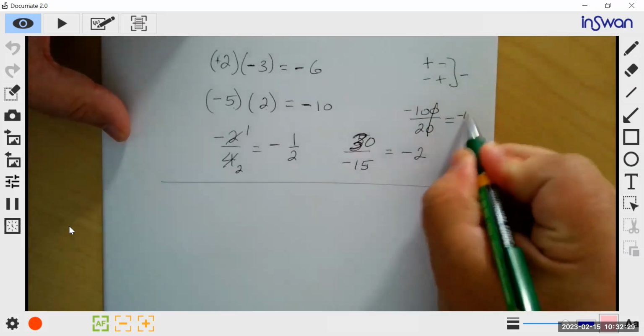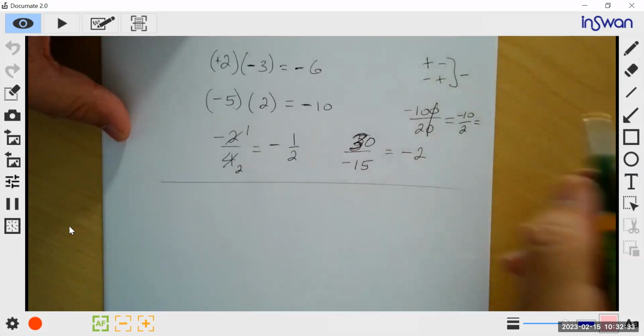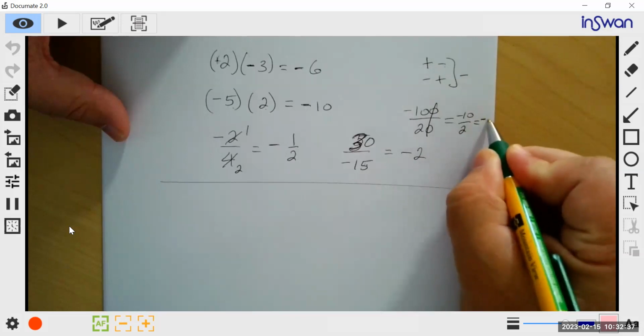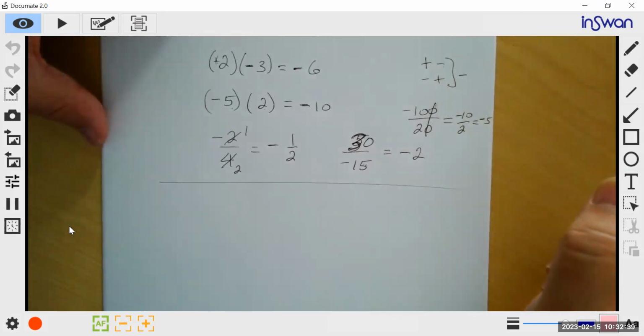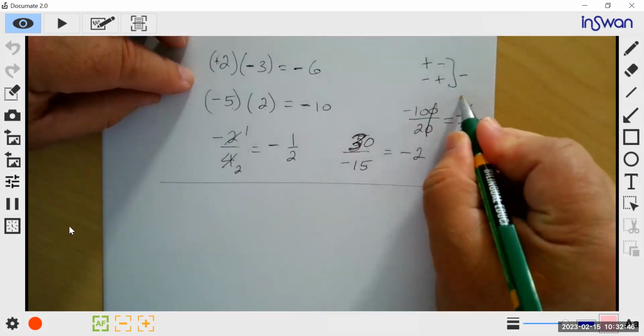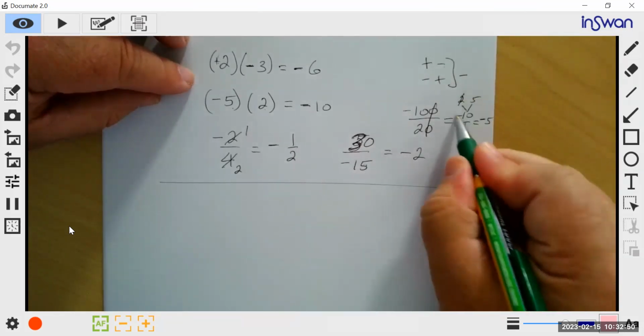So you have negative 10 over 2. Is the answer positive or negative? 10 divided by 2, 5. If you don't see that just yet, prime factorize it. This is made up of 2 times 5. The 2's cancel, leaving me with negative 5.